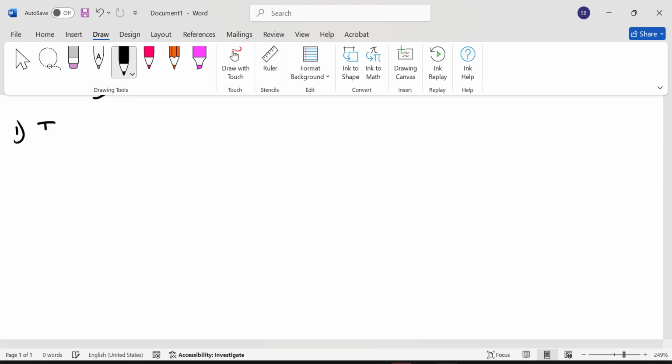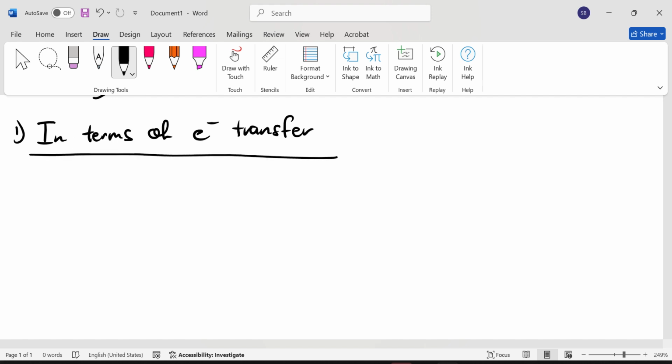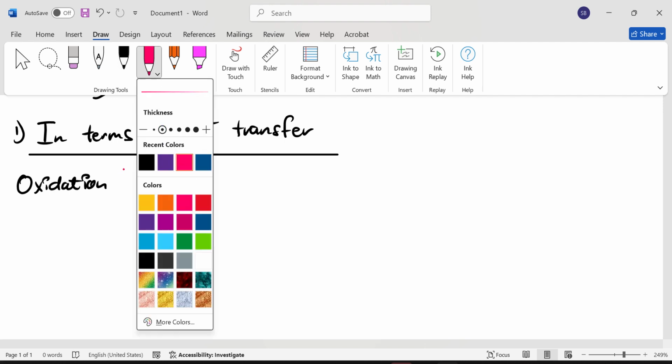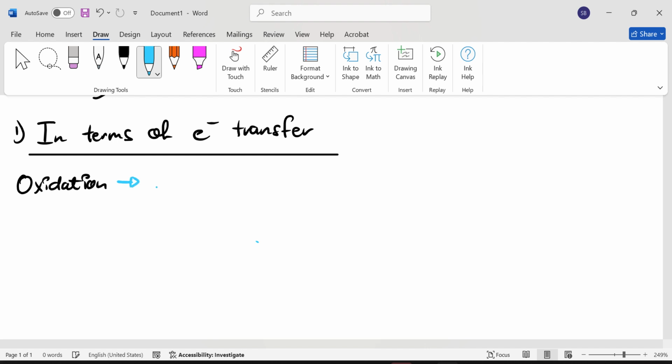When you define oxidation in terms of electron transfer, you say that oxidation is the loss of electrons. Oxidation is the loss of electrons, right?